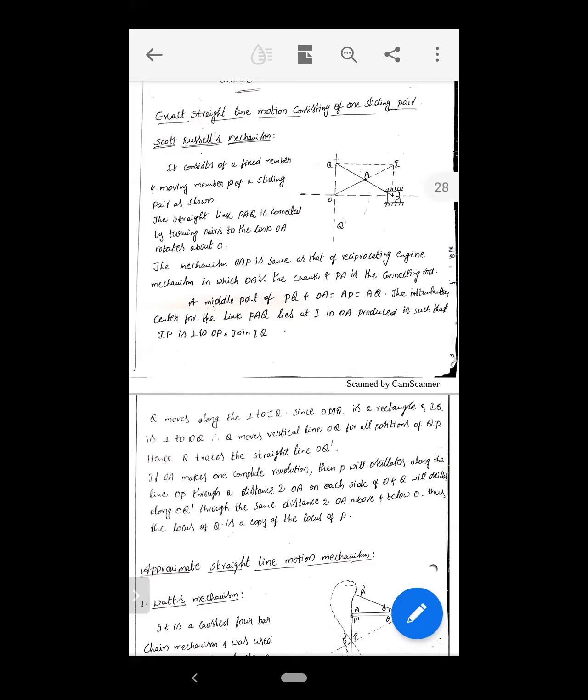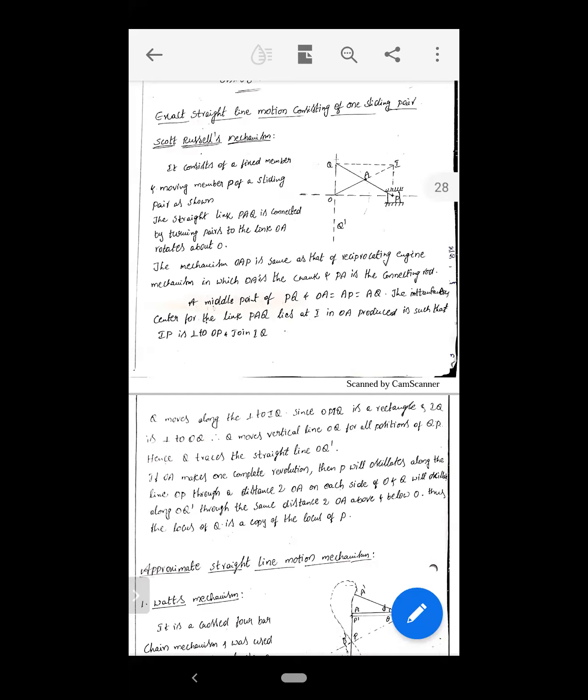Now they may also find the instantaneous center, represented with I. The instantaneous center for the link PAQ lies at I, where OA is produced, such that IP is perpendicular to OP. So what is the length there?